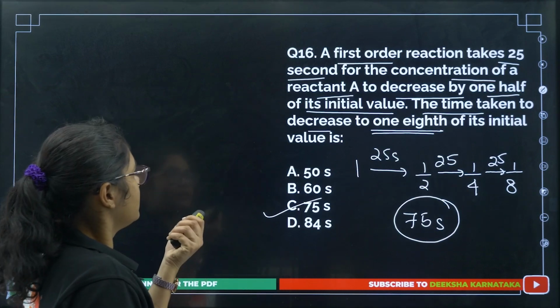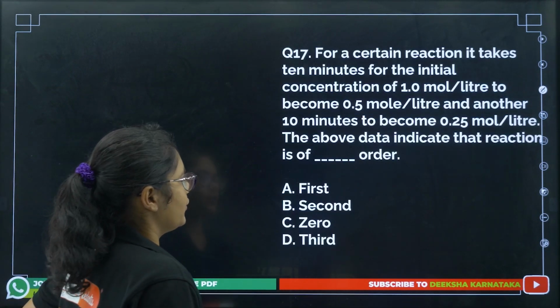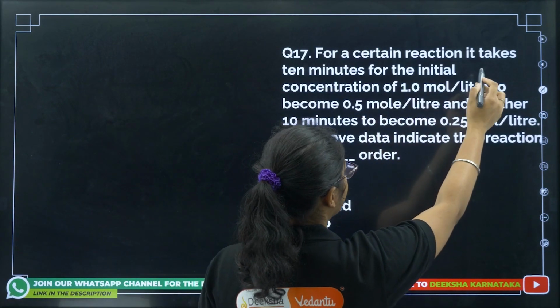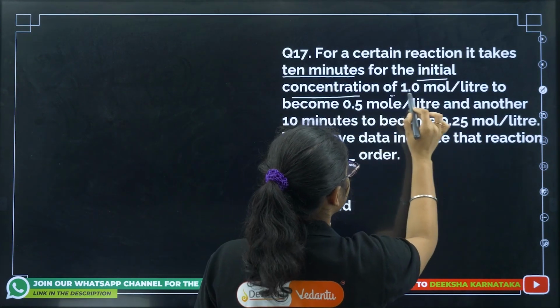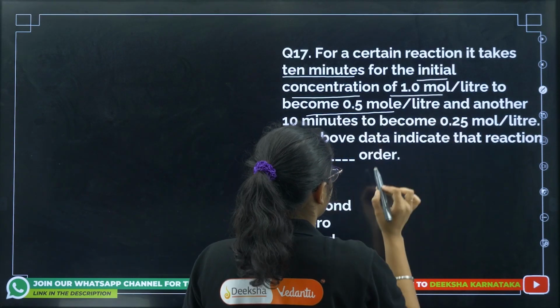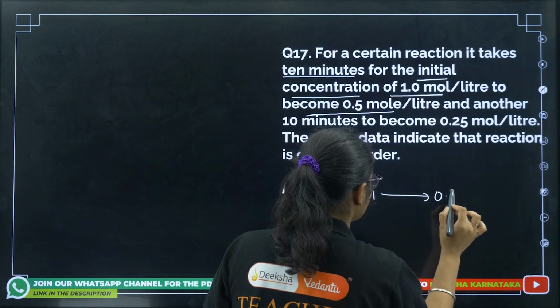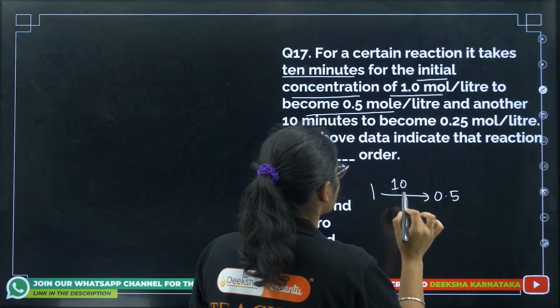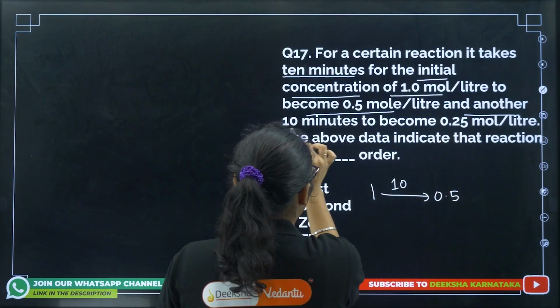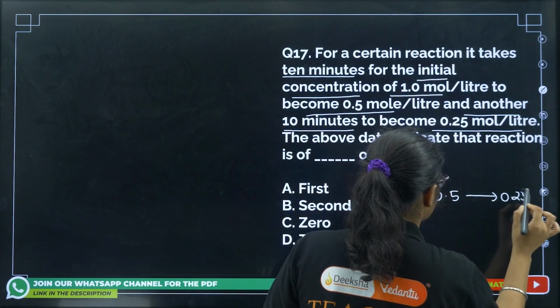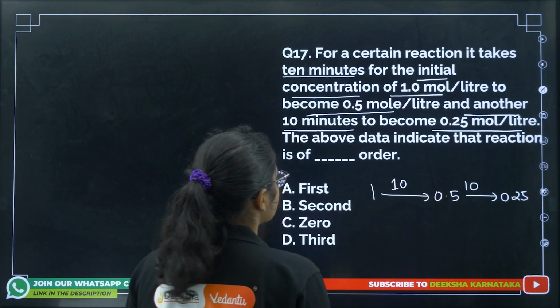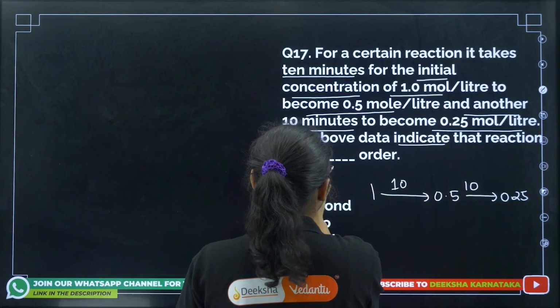Okay. Next, question number 17. For a certain reaction, it takes 10 minutes for the initial concentration of 1 mole per liter to become 0.5. So 1 to 0.5, it takes 10 minutes. And another 10 minutes to become 0.25. The above data indicate that the reaction is of what order?